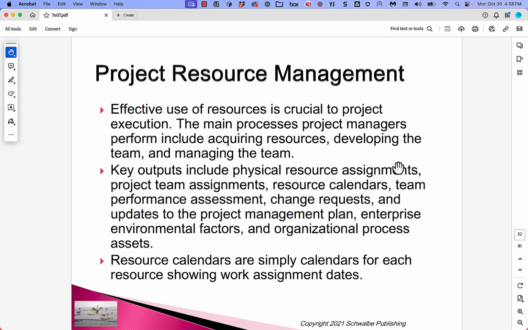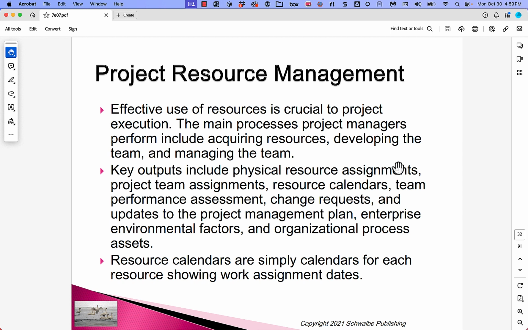Okay, so let's talk a minute about project resource management. Again, project resources are people and things that are in short supply enough that we need to manage them. For instance, most of us don't need to manage air. We don't need to manage the electricity in the building or the operation of the restrooms or the water in the sinks in the restrooms.